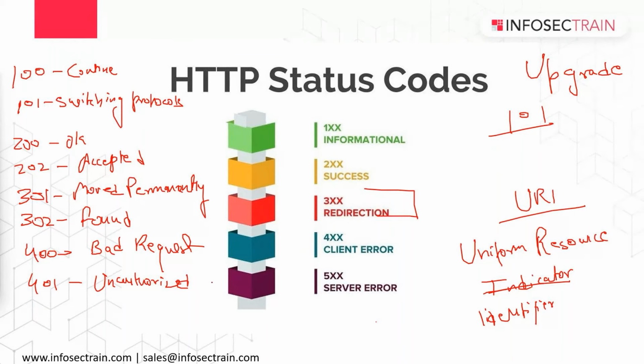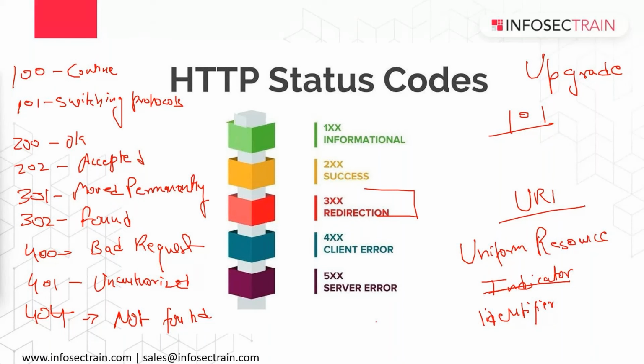It means you are unauthenticated. You have not provided your credentials, your username and password, and that's why you are getting this unauthorized. Then we also have seen 404. 404 means whatever resource you are looking for cannot be found.